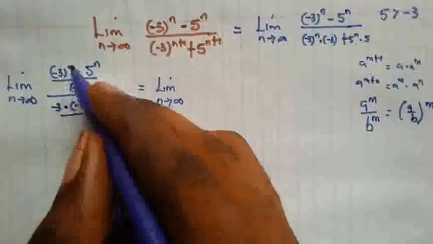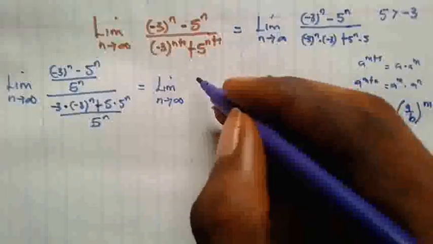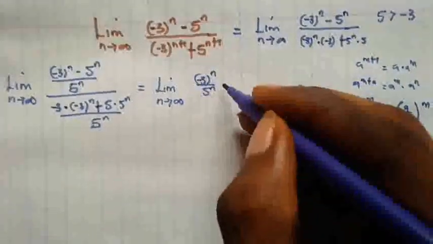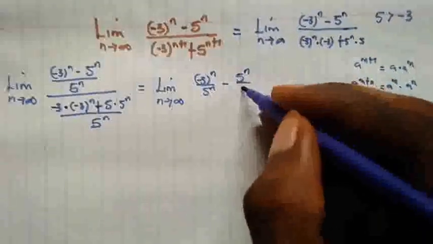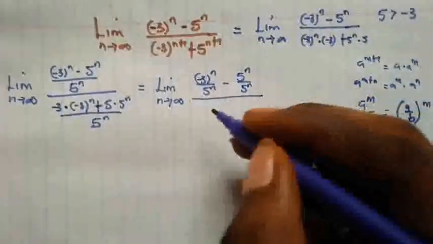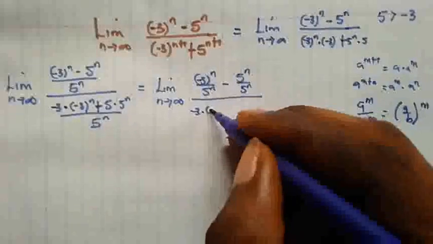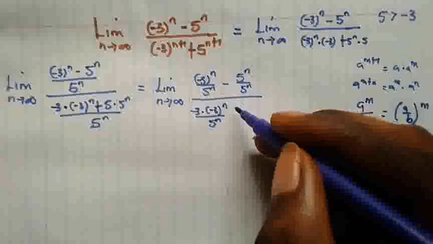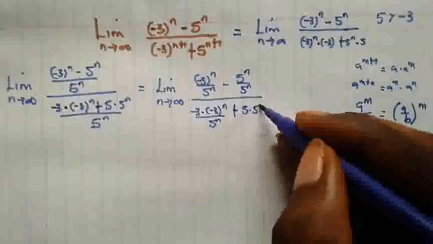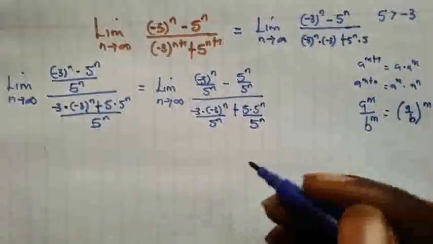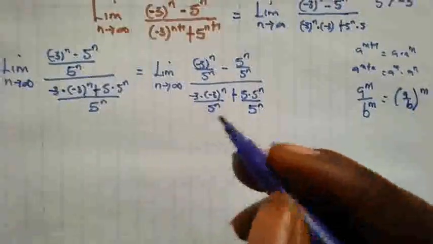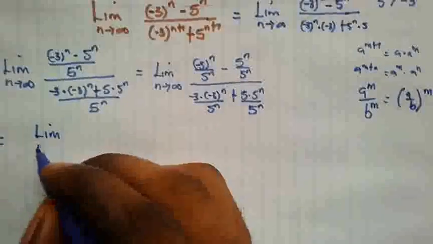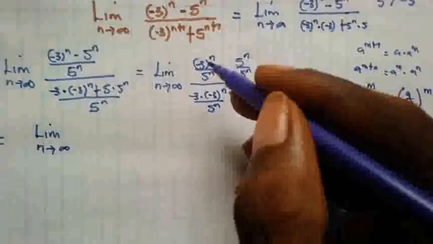Here we have (-3)^n over 5^n minus 5^n over 5^n, all over -3 times (-3)^n over 5^n plus 5 times 5^n over 5^n.